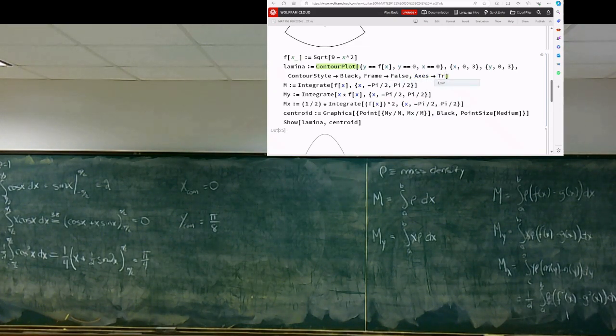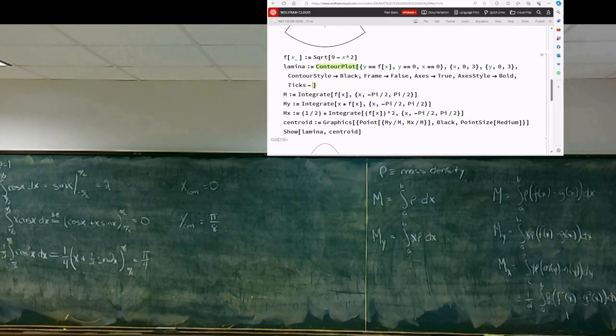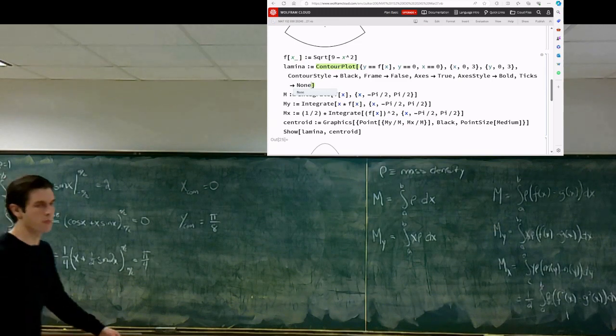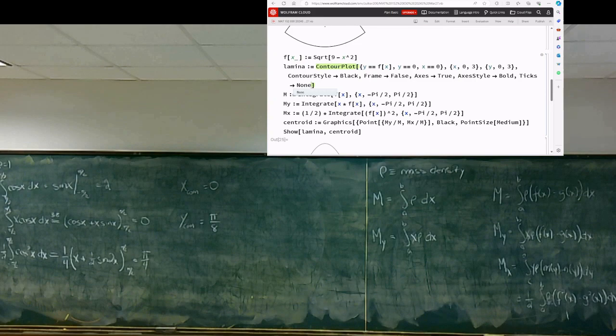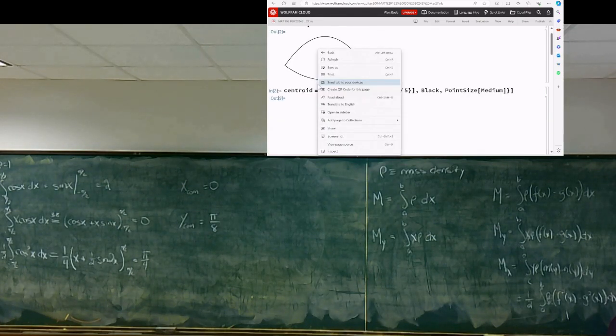What I could do is turn on the axes so I get the lines, change the style to be bold, and just turn off the ticks so that they're just bold lines. We'll see how that looks. Uh-oh.